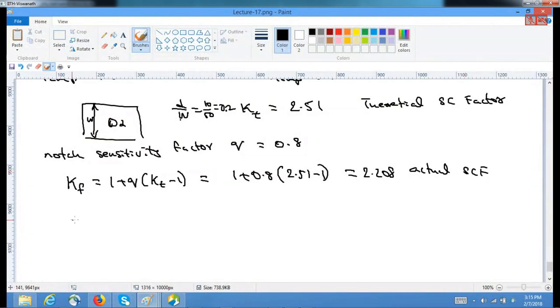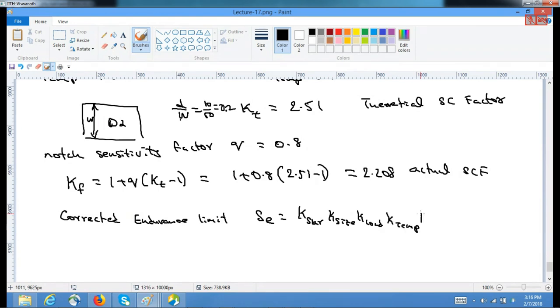Now the corrected endurance limit is given as K surf, K size, K load, K temp, K reliability, SE dash divided by Kf.